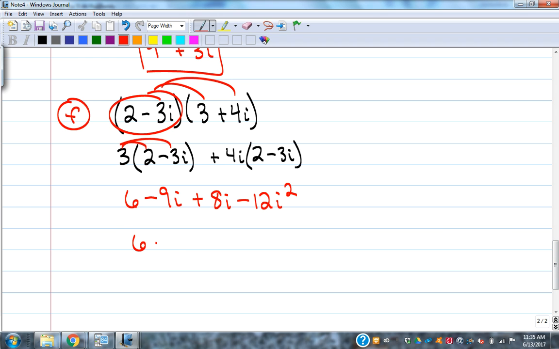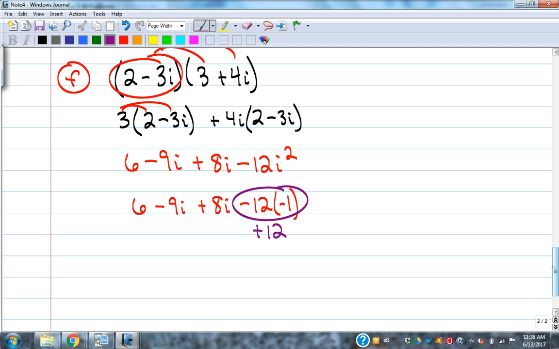So that's going to be 6 minus 9i plus 8i minus 12 times negative 1. And when you work that out, this becomes positive 12. So we have 6 plus 12 is 18. And then negative 9 and positive 8 is negative 1i.